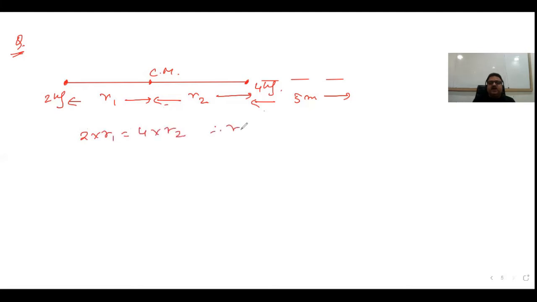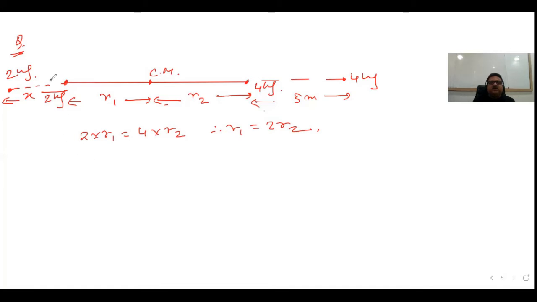So simply we can write R1 equal to twice of R2. Now suppose if we shift the 4 kg mass by a distance of 5 meters towards right, we need to shift this 2 kg mass by a distance of, say for example, x towards left. Clear? Please listen carefully. I'm going to show you a very, very important trick corresponding to this problem.